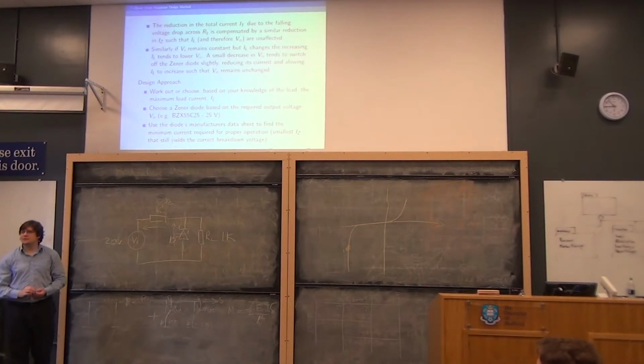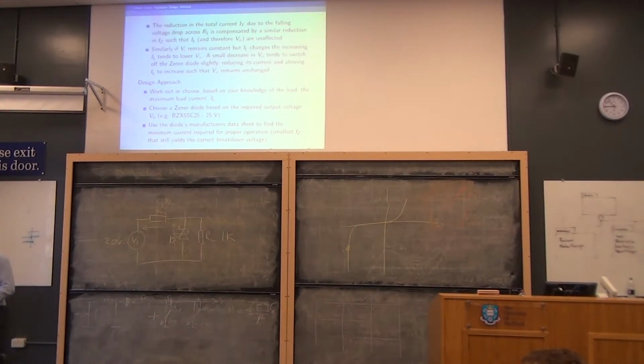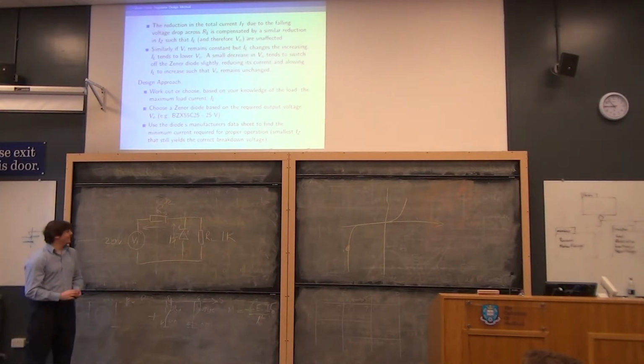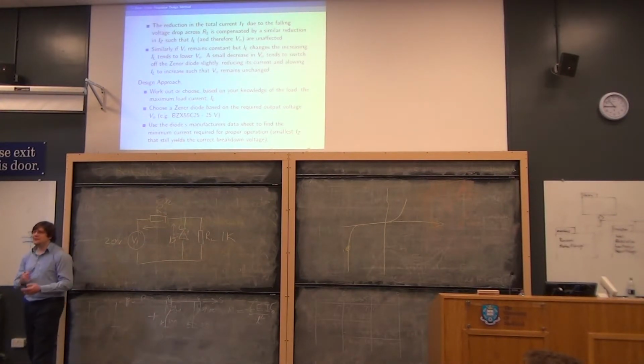Half an amp? How much current? Get a calculator out if you need to, but if you need to get a calculator out, then you're not doing enough practice. It's divided by 10. Half an amp.